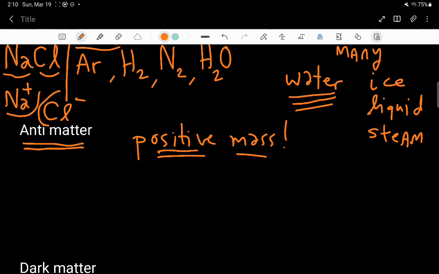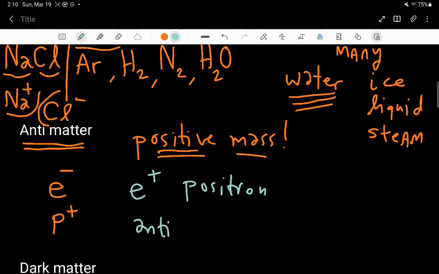What makes antimatter is a very interesting and strange thing that nature has in it. For all of our particles, like electrons and protons, there is an antimatter version. The antimatter version of the electron is called the positron, for example, and the antimatter version of the proton, you could just call it the antiproton, right? Yeah, so this is a pretty interesting thing.